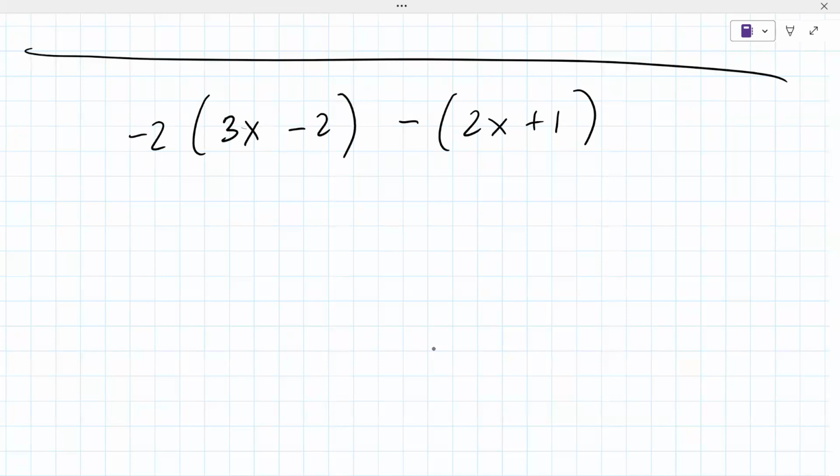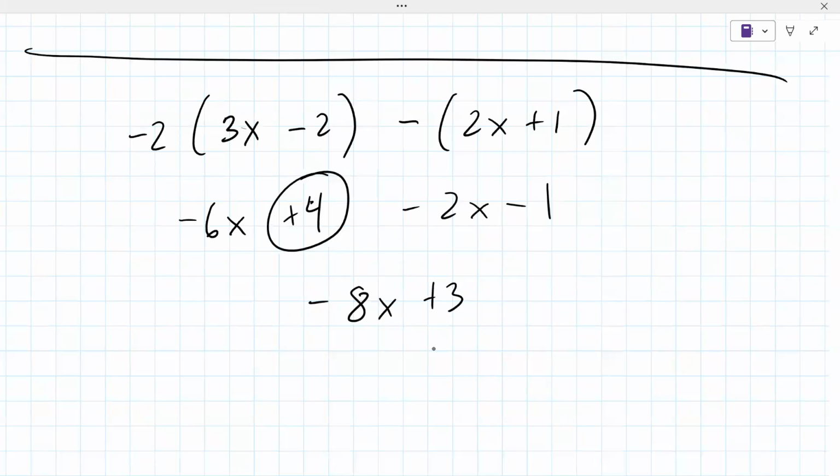Okay, wait, hold on. Yeah, okay. So it's negative 8x minus 5. Oh, plus 3, though. Right.